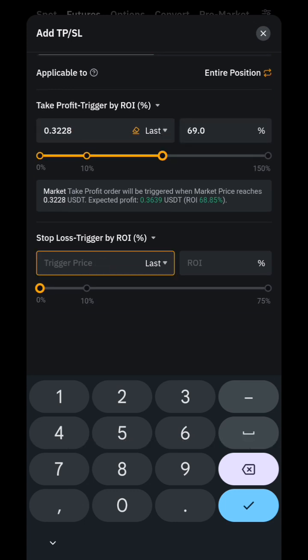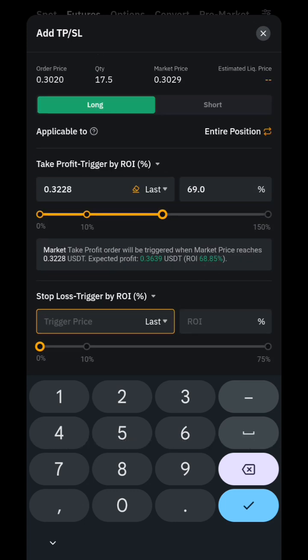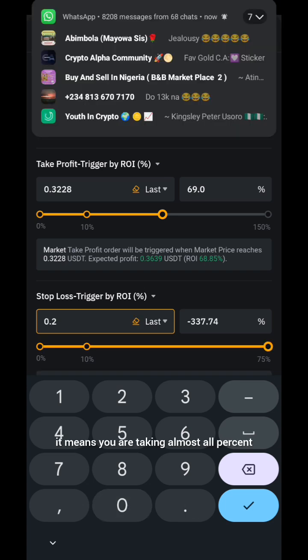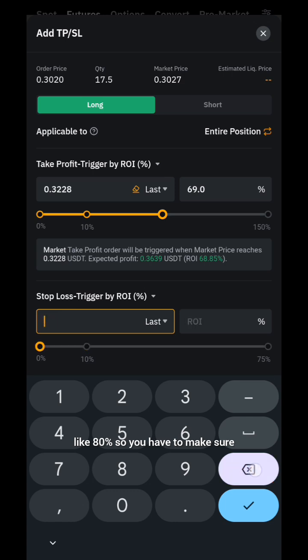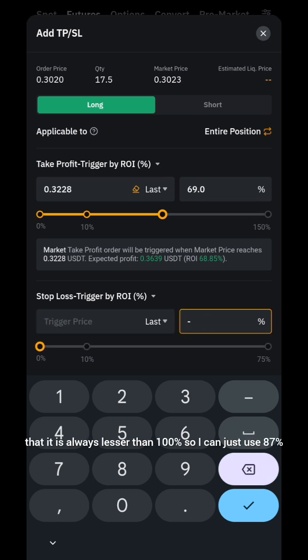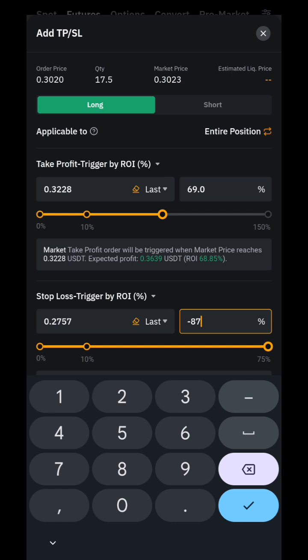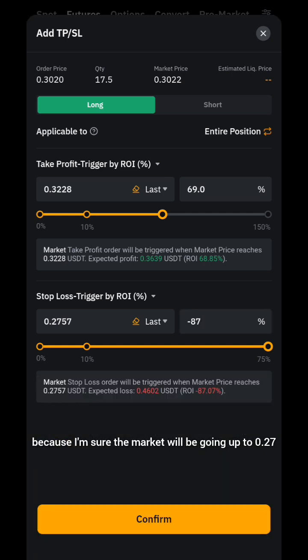Then for the stop loss, where you want to cut your loss, maybe let's say 0.2, it means you are losing almost all of your capital. You have to make sure that it is always less than 100%. I can just use 87% because I'm sure the market won't go down to 0.27, and you can even use less depending on your market strategy or analysis.